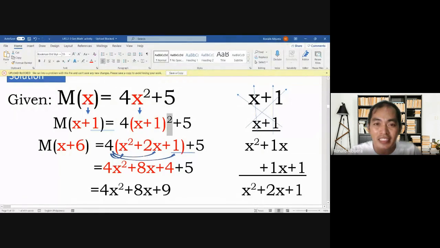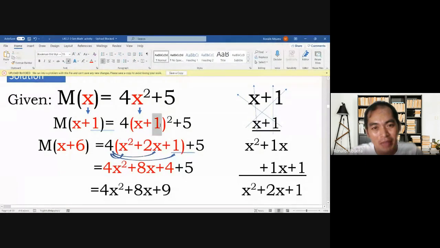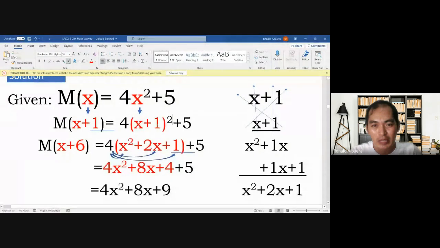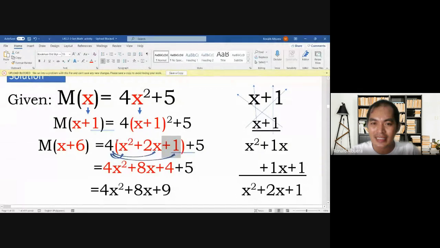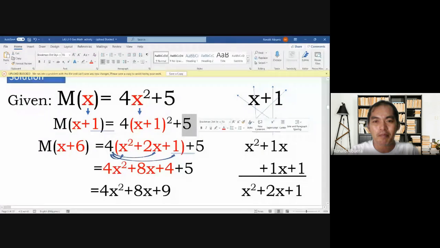Itong exponent na to, yan ang ginagamit ko as twice. Meaning, we are going to use this to multiply the second term and the first term. So, 2 times 1 is 2, times x is 2x. And then, square of the last term, which is 1. 1 times 1 is positive 1. When it's square, it's always positive. So, laging plus ang sa last term at ang nasa first term. And we copy positive 5.